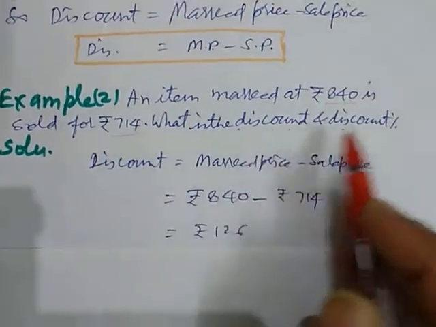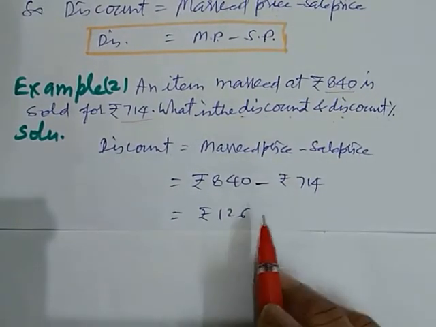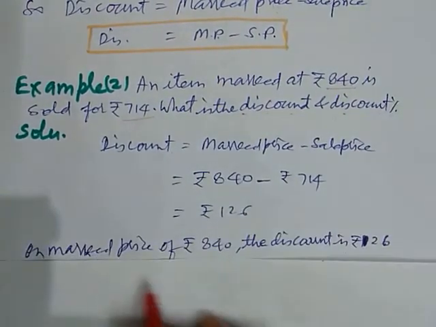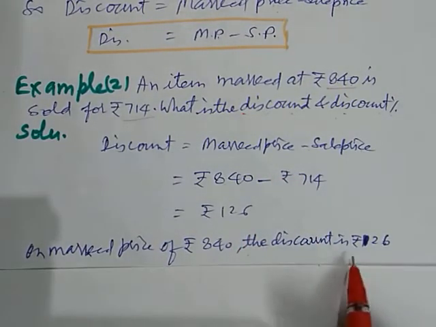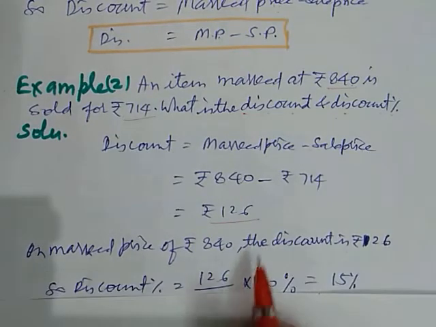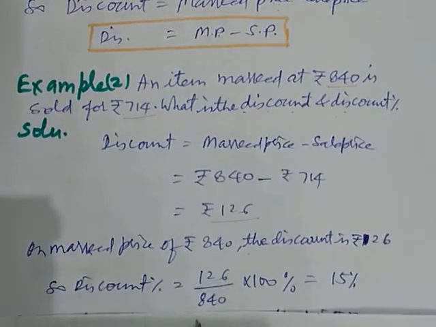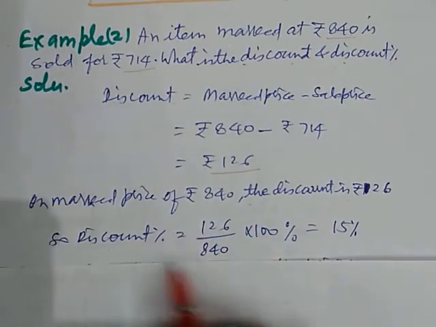Now we have to find the percentage discount. How much percent discount do we get? On the marked price of rupees 840, the discount is rupees 126. So this 126 divided by 840 times 100 is the percentage discount.